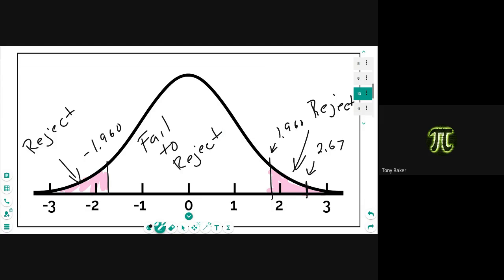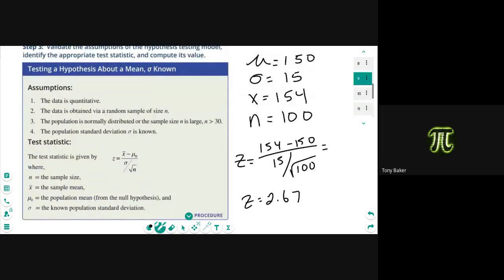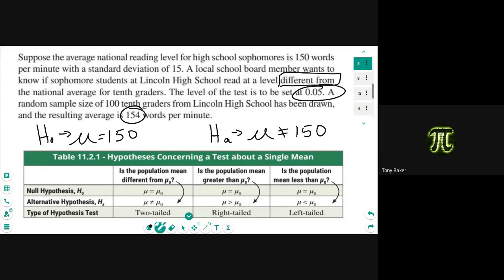Okay? That's where the 2.67 comes in. Where's the 2.67? In the reject region. So in this case, let me duplicate.